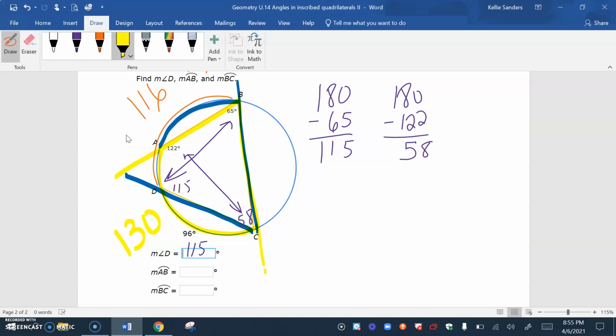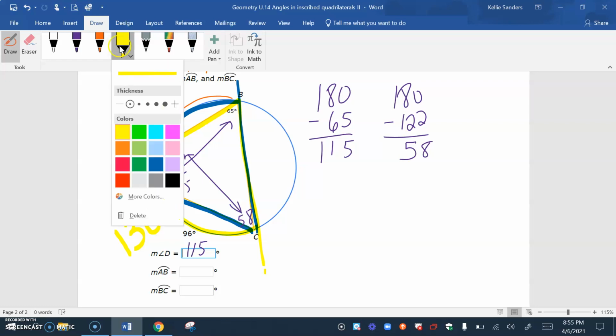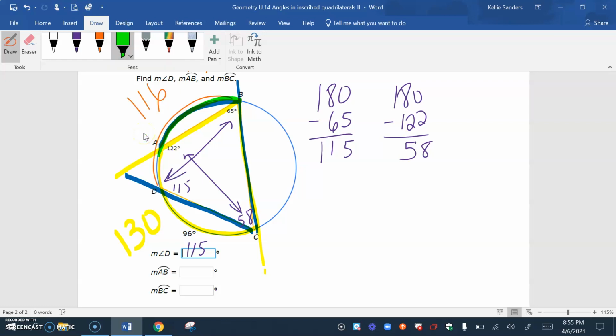Let me see. Since they overlap, this part is what's left from the overlapping. So 130 minus 116 is 14.